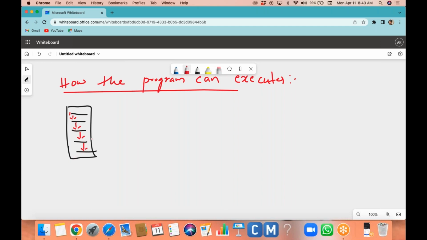It goes statement by statement, guys. So the program can execute statement by statement. If one statement's execution is done, then it goes to the next. I hope you understood. Uma, did you get my point? Yes, sir. Okay, is there any question regarding statements, programs, and how a program executes?